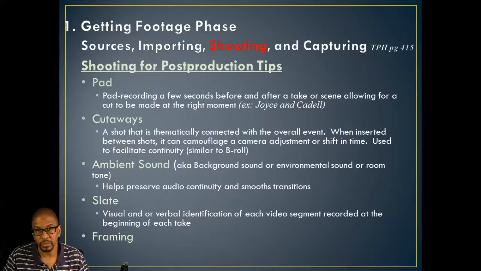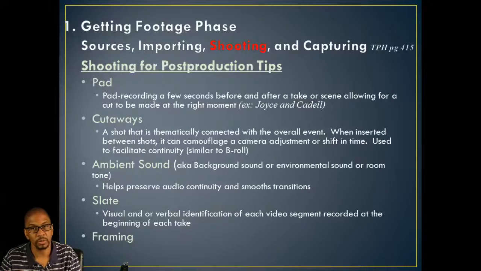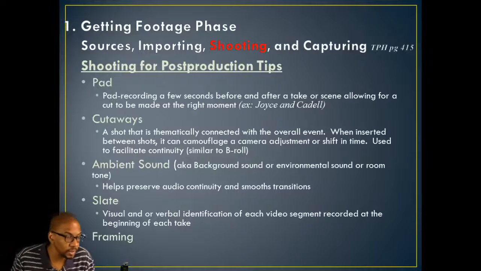If you're doing multiple cameras and you want to have an audio spike in your waveform, which I may be getting a little bit too advanced, then you can see that on your nonlinear editing system to help sync up your shots from different cameras. But yeah, the primary purpose of it is to just let you know, okay, we're on take 7, take 9, take 11, whatever.